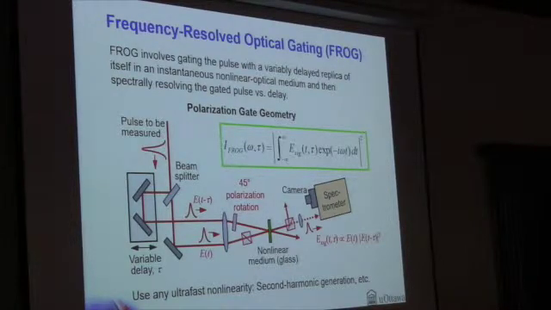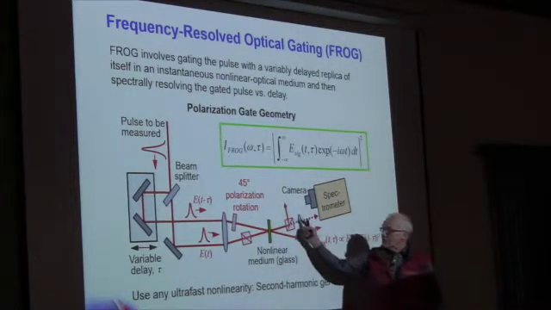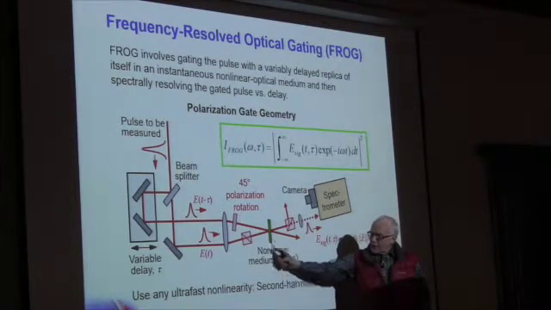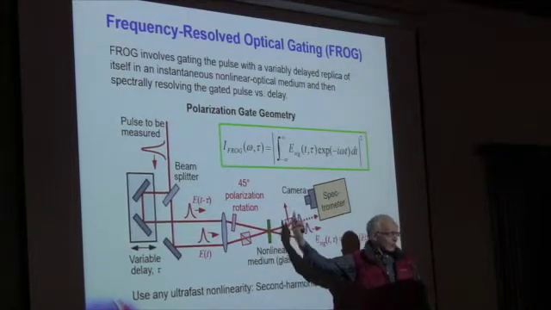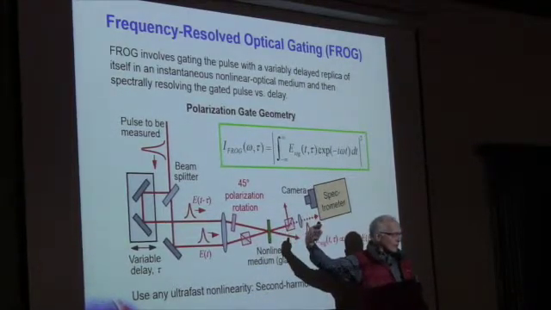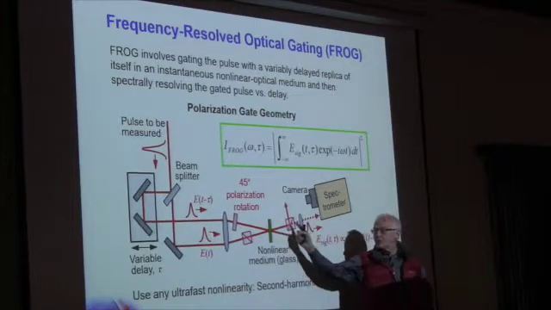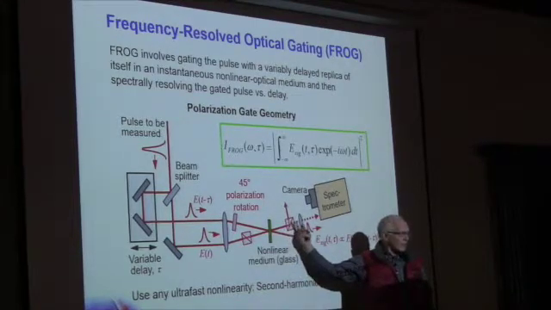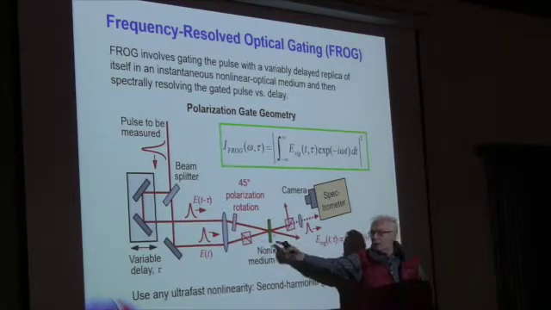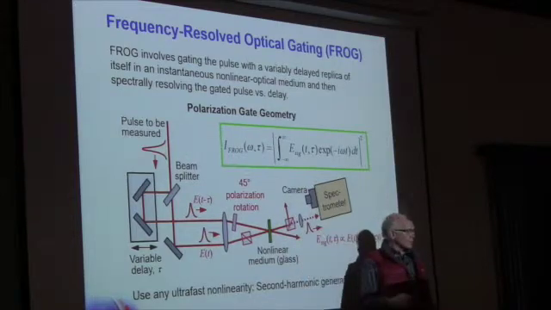What is the optical element before the last class? You mean in this case? Yeah. This is done for a Chi-3 material, and the nonlinearity is a rotation of the polarization. And so this is a polarizer, and it's asking, how did one pulse change the polarization of the other?